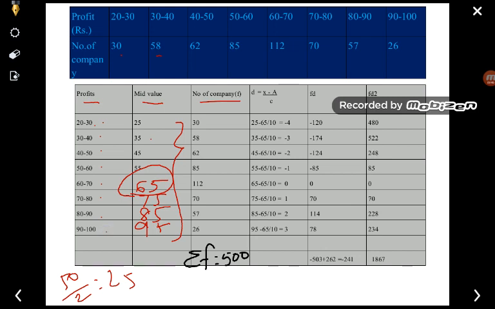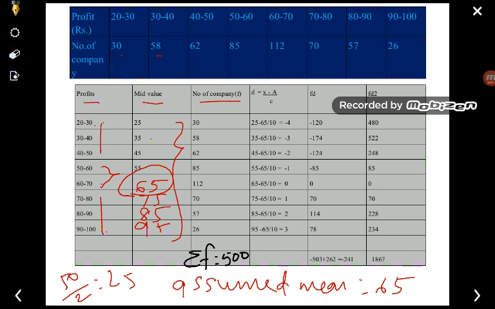So 8 data are given there. Therefore you can choose not these three, any two of the middle values can be taken. So either you can take 55 or you can take 65. Here I have taken 65 as an assumed mean. If you take 55, then also the answer remains the same.